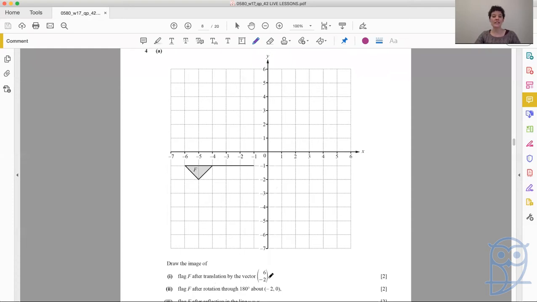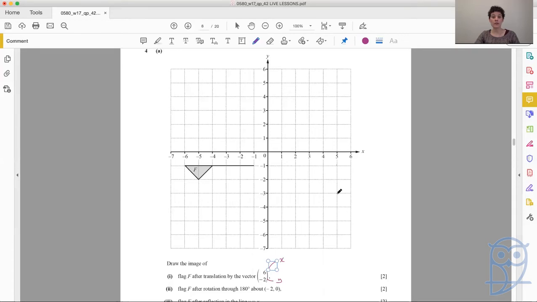So, translation by a vector. Remember, vectors always move x and y. So we're going to move 6 in the x, so plus 6. I'm going to start from this end of my flag: 1, 2, 3, 4, 5, 6 in the x. But I'm also moving down because I've got minus 2 in the y. So 1, 2.